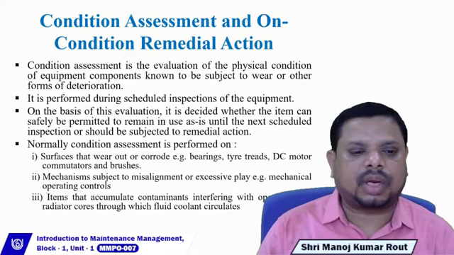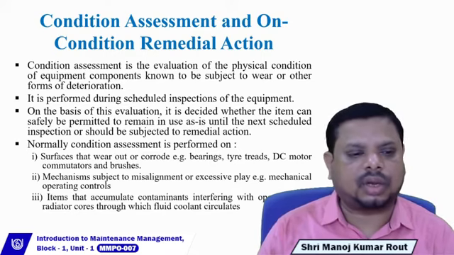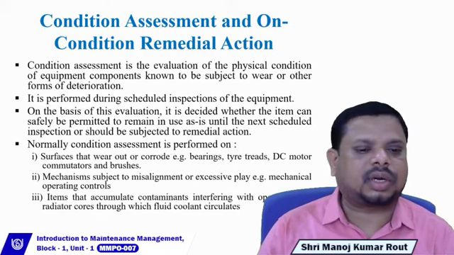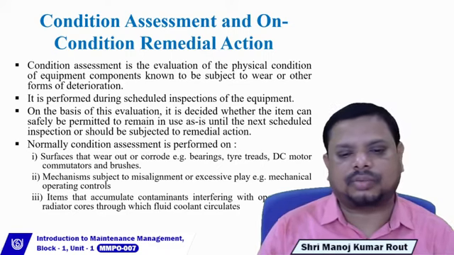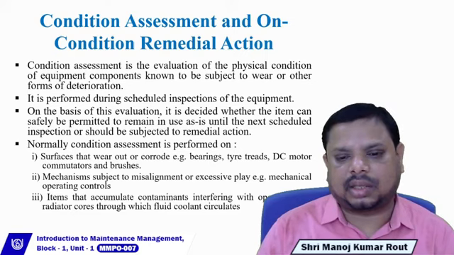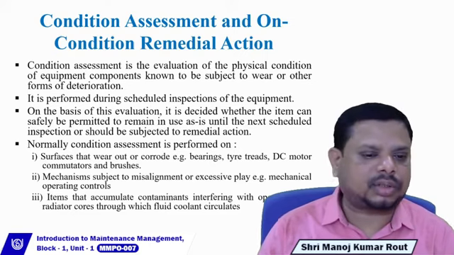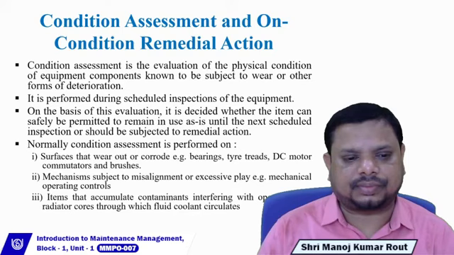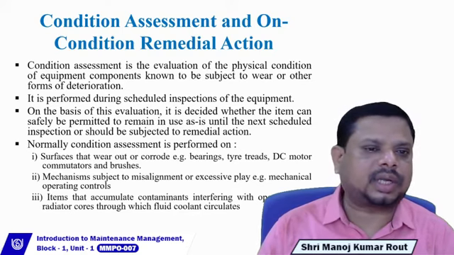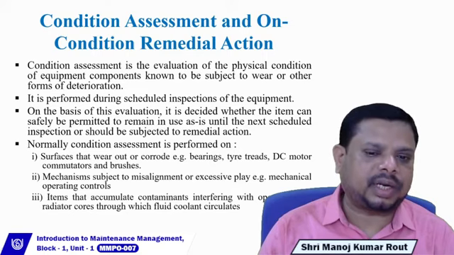So in which normal cases is condition assessment performed? We have to learn this. The first is surfaces that wear out or corrode, such as bearing surfaces, tire treads, DC motor commutators, and DC motor brushes. For these, condition assessment is used and on-condition remedial action will be taken immediately.